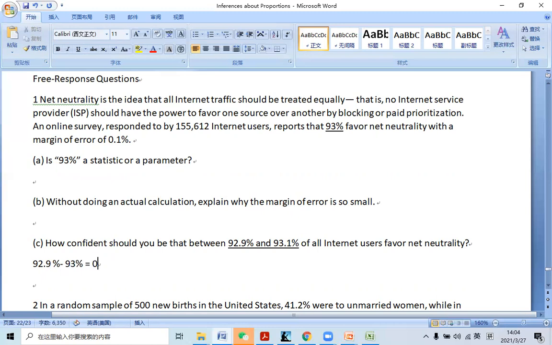That is 0.1%. And how about the other one? 93.1 minus 93%. That is 0.1%.